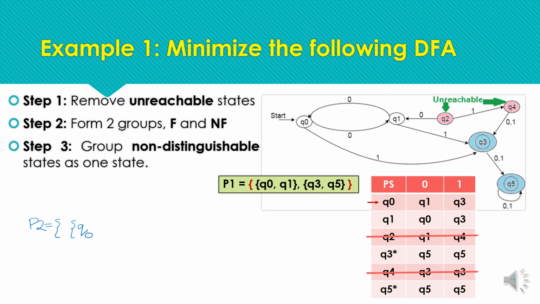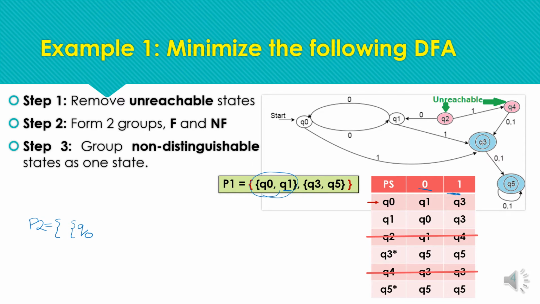Next we have to check whether Q1 can reside with Q0 in the same group or not. So we have to check the similarity between these two states in a group. To find this out, we need to check the transitions for each input symbol from these two states, for the input symbol 0 and also for the input symbol 1.